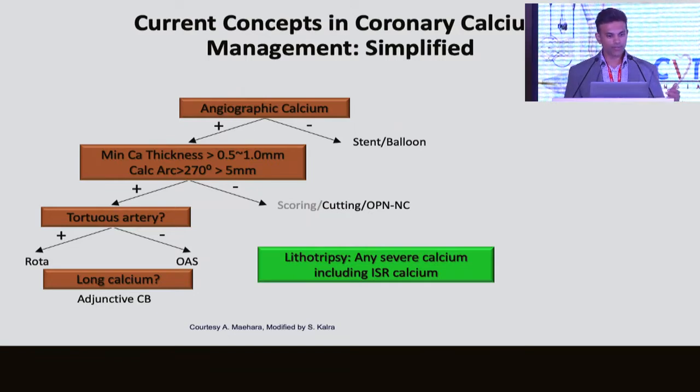Say you have calcium. Now you go into that IVUS algorithm that has been developed where they've looked at points around the morphology of the calcium to tell you when you're going to need some sort of a modification technology.